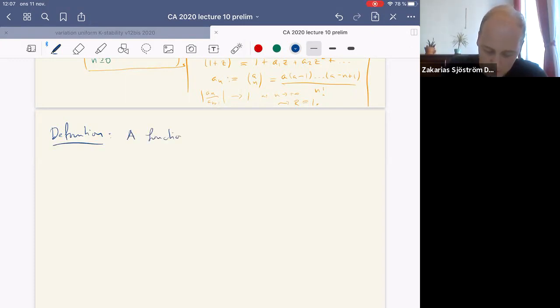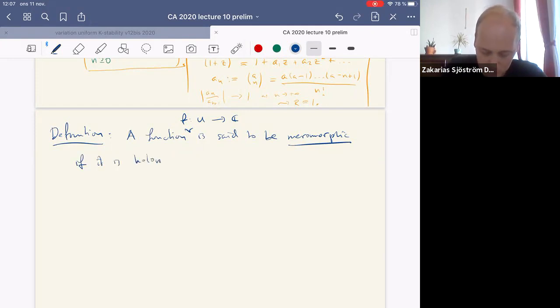So a function f from U to C is said to be meromorphic if it is holomorphic on U, except for an isolated set of poles.